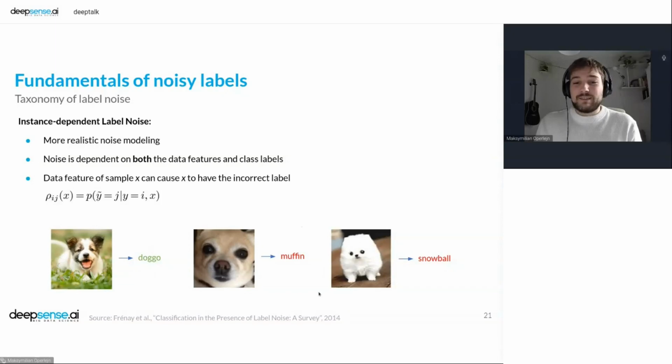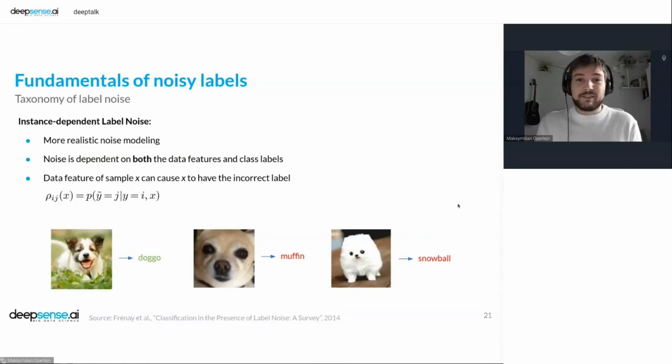But for example, in some other cases, we know that case, the difference between muffin and the dog. So we know that, for example, in this kind of breed of dog, there is a problem to interpret it. So it can be labeled as muffin. For example, this cutie can be labeled as snowball for some reason.